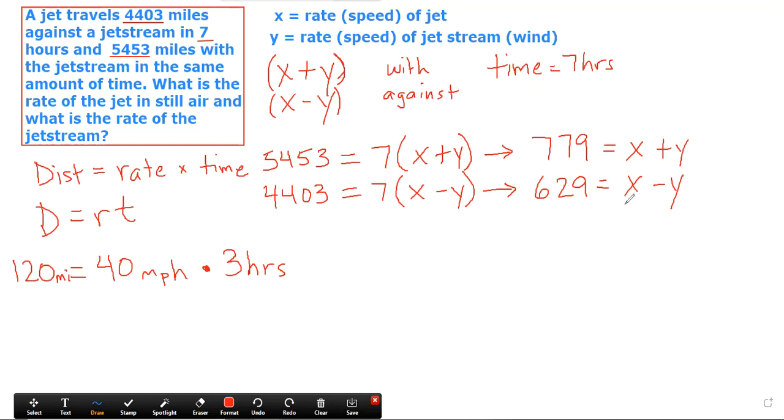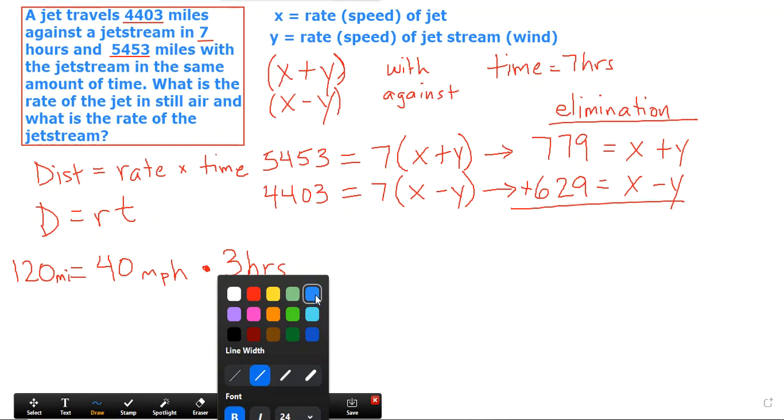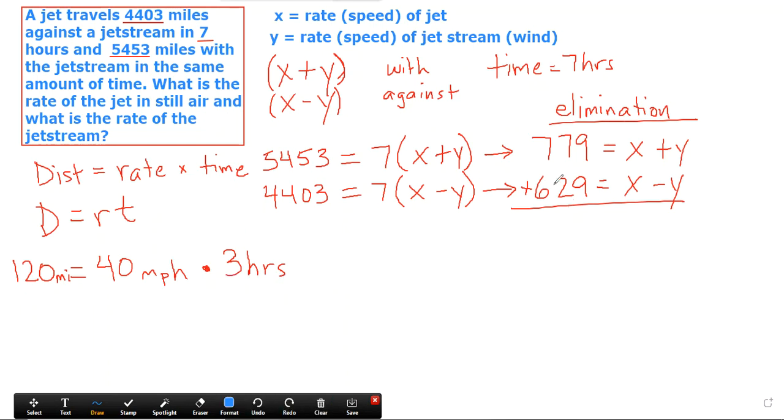At this point, I can use a process called elimination. What you'll notice is when I add these two equations together, maybe I'll start writing in a different color so it doesn't get too overwhelming, hopefully. As I add these two equations together, positive y minus y is just 0.